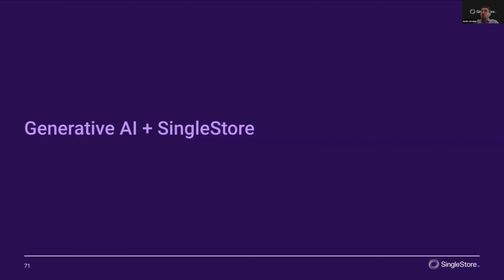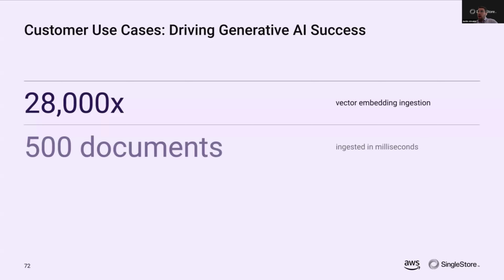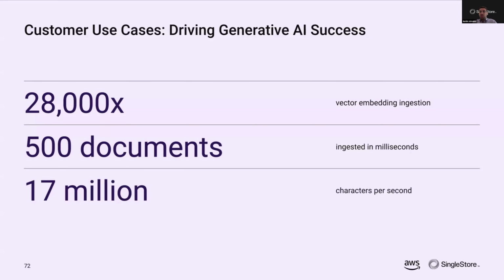And so this really brings me into the heart of why we're here today, and that's on the generative AI side. Okay? I've talked a lot about how SingleStore can take a lot of this data in, how we can analyze that data. But let's put this in the lens of AI and vectors. What we see up here is quite impressive, but let me contextualize this a little bit more for you.